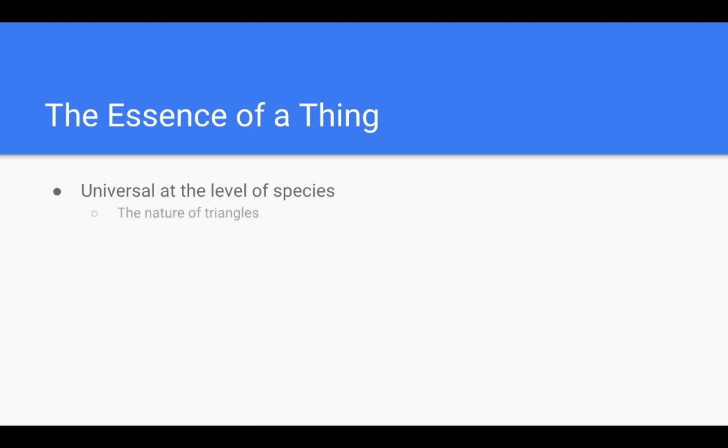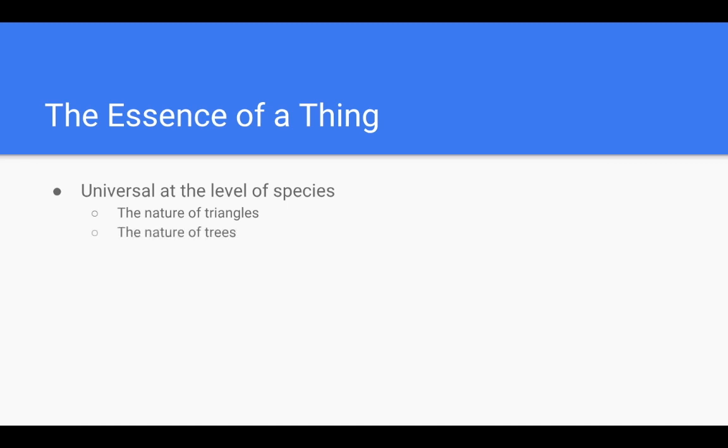And so we might think of the nature of triangles. We can even do this for geometric items. What is a triangle? A triangle is a three-sided Euclidean plane figure in which the inner angles add up to 180 degrees. All triangles fit that description. That is the nature of a triangle.